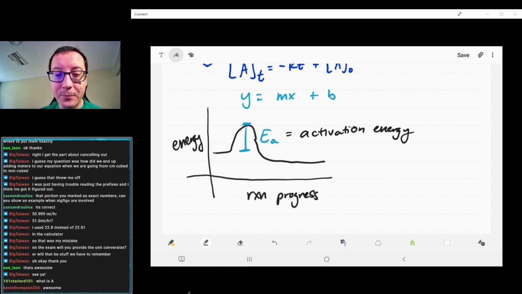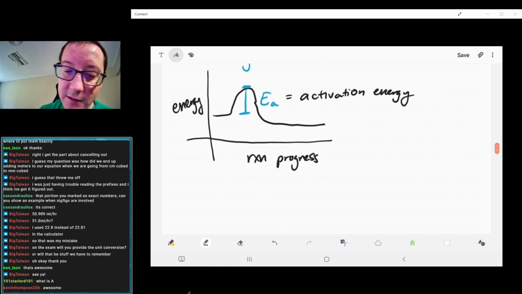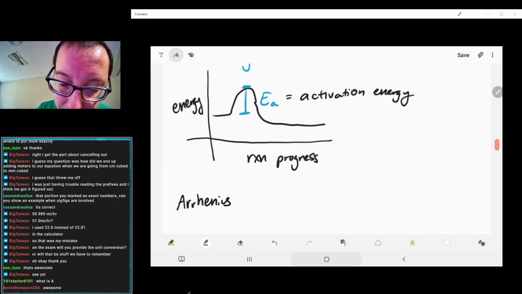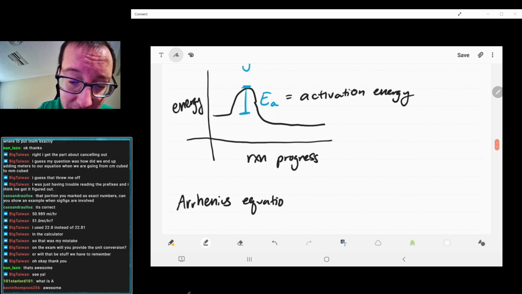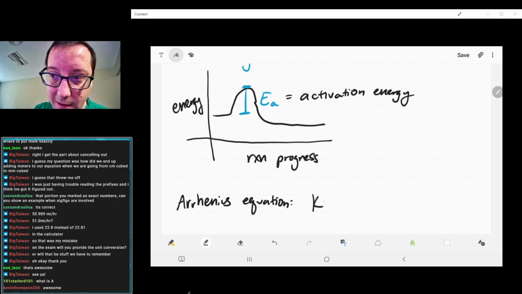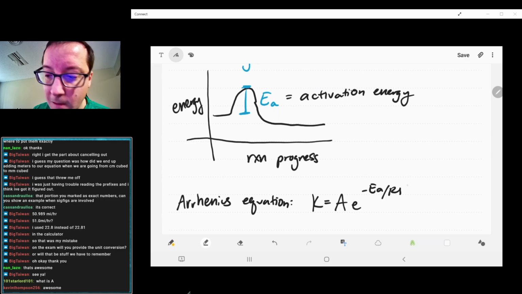There's an equation that's going to be able to relate our reaction rates idea to this activation energy. And that's called the Arrhenius Equation. You don't need to memorize the name, of course, but this is the Arrhenius Equation.